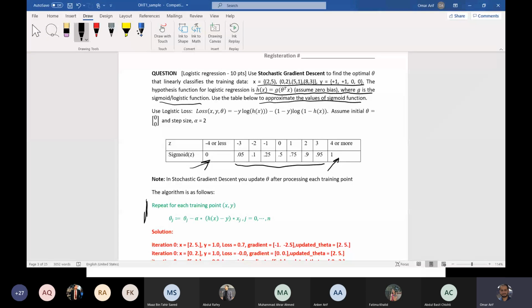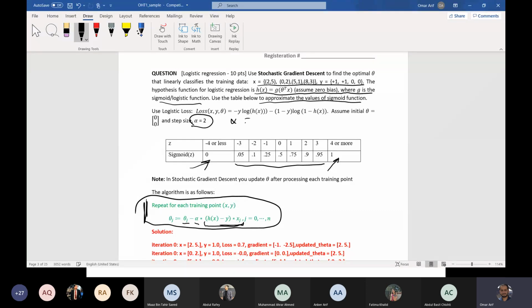The algorithm is like this. You have to update theta using the old value of theta, the learning rate, and the derivative, which is exactly the same as in the case of linear regression. The equation is written here. Nothing has changed. This is the alpha that you have to use. Usually alpha is, well, it should be 0.2.